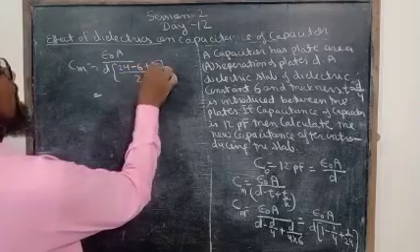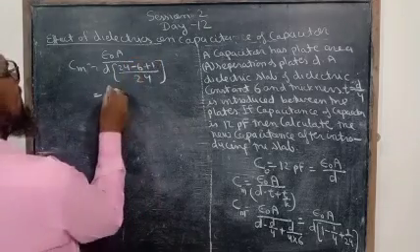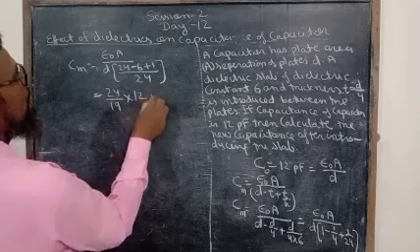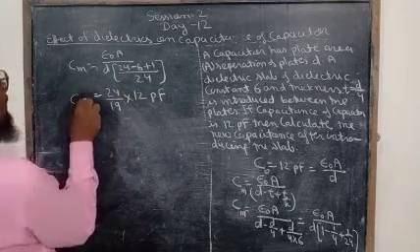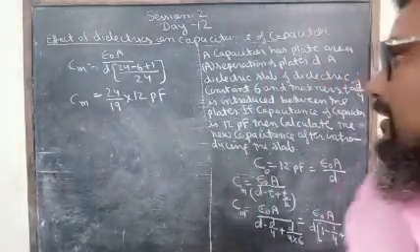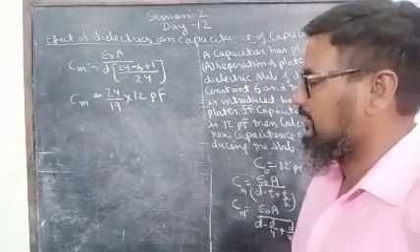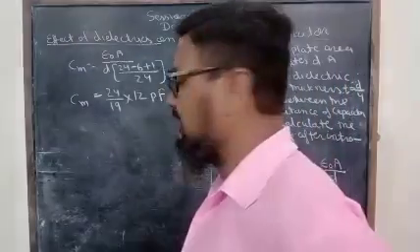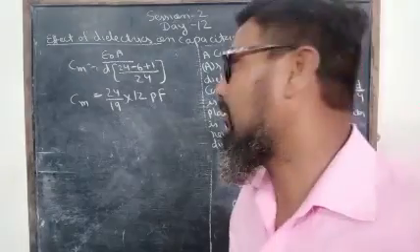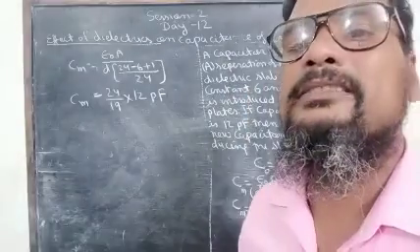So 24 plus 1 is 25, minus 6 is 19. So 24 upon 19 into 12 picofarad. This is the value of the capacitance of the capacitor, and we can easily find the values by this number. So this is all about our today's class.